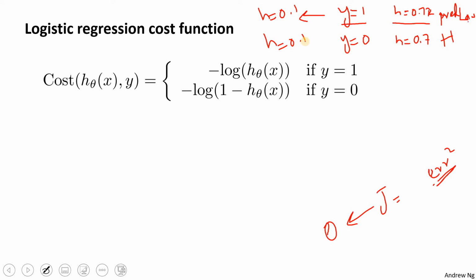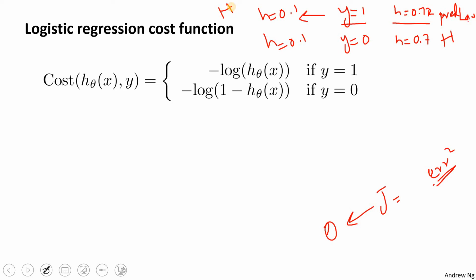If y in the old examples was 1 and I predict 0.1, which means I will say that it's 0, then it's a big problem. It will be a high cost. So I write h, h means high cost.